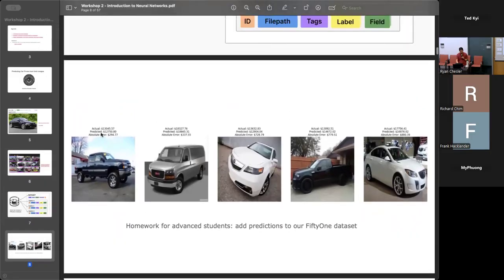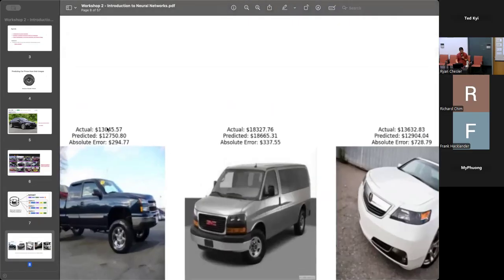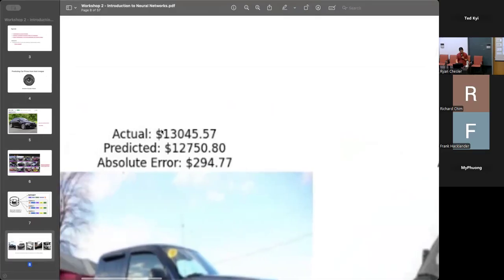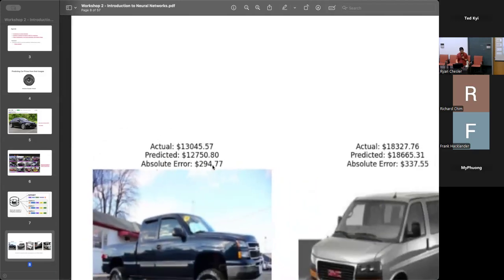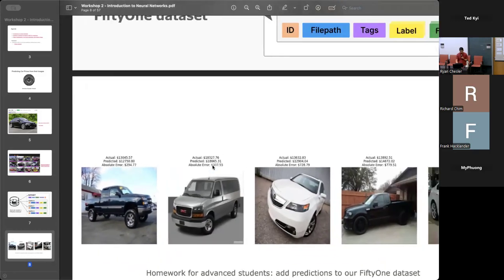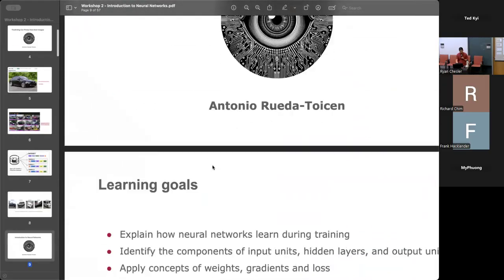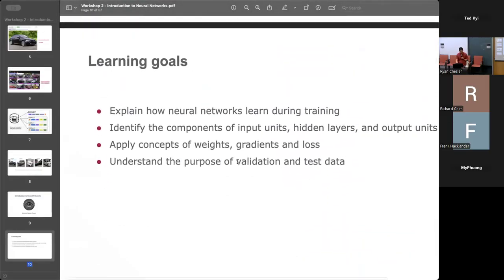So this is showing a plot saying we had some initial model that basically said, look at this image. Here's the actual sale price of the car. Here's the prediction of the model. It was only off by $300. That's pretty good. And so now we'll look at how you create something like that.